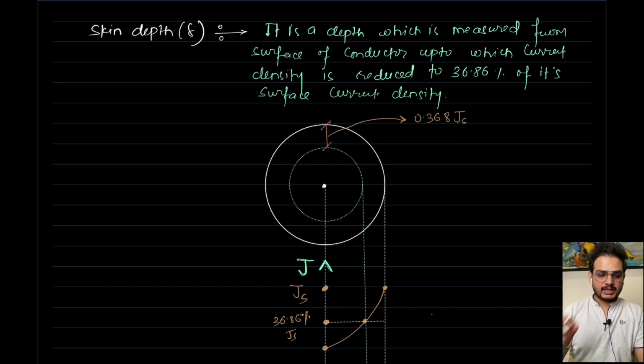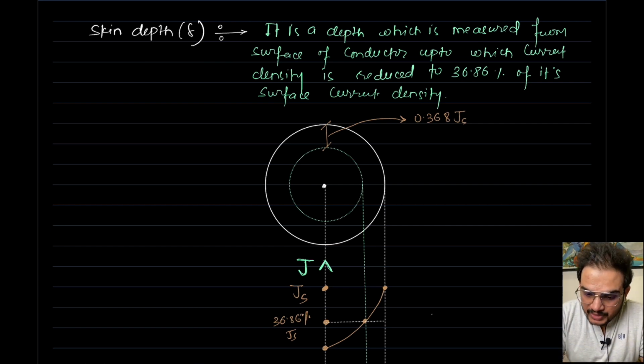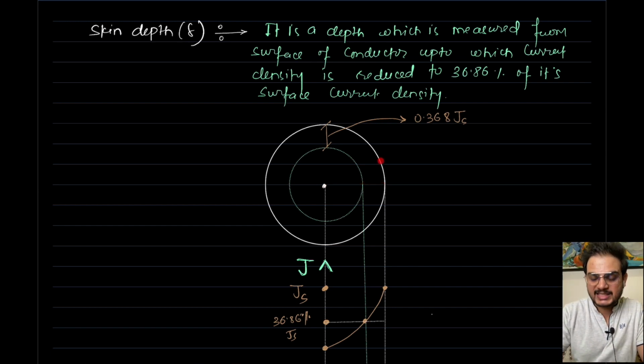Once again, as we move from center to surface, current density is increasing. That means at the surface we have maximum current density. Now move towards the center from the surface.